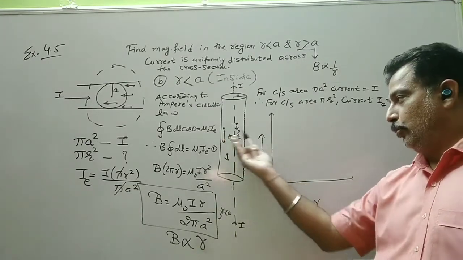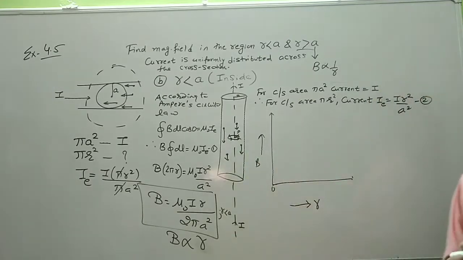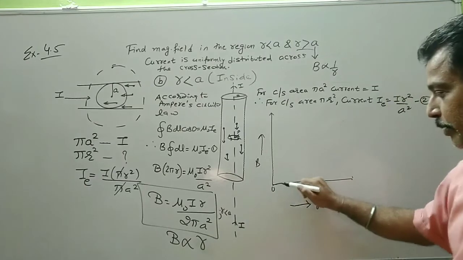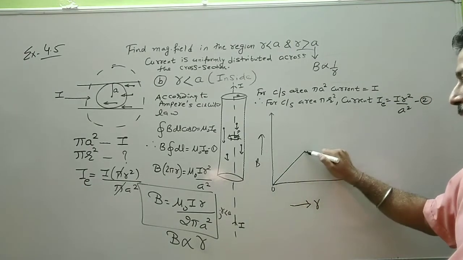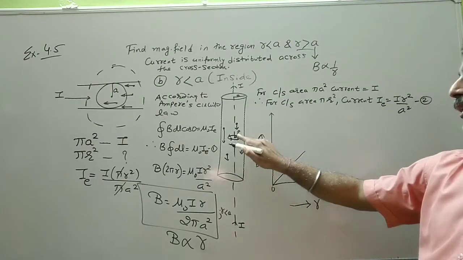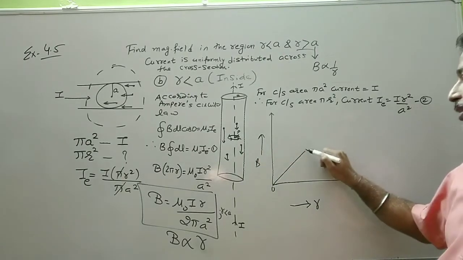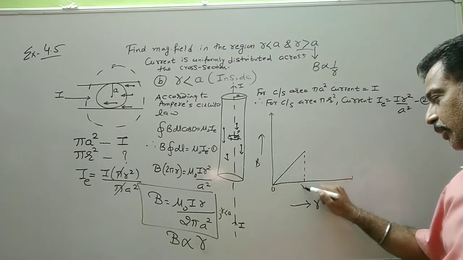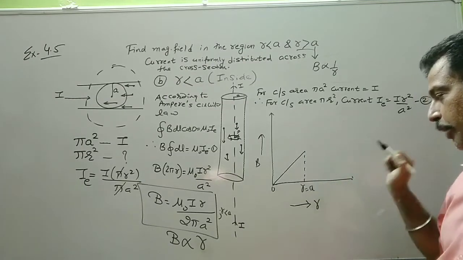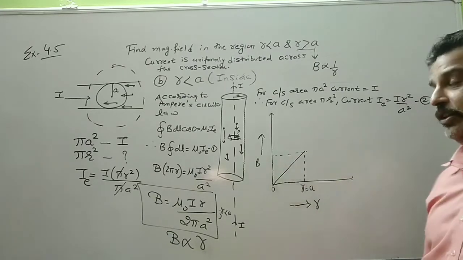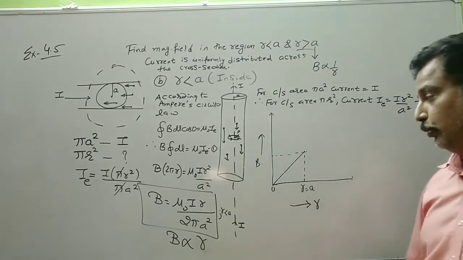As I move away from the wire, the magnetic field intensity increases in direct proportion, and this increases till I reach the surface of the cylinder, or say the surface of the wire. So this is R is equal to a. This is the magnetic field intensity at the surface, or you can say it is the maximum value.